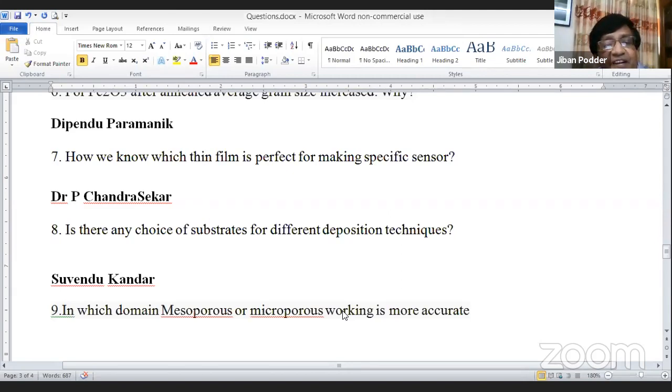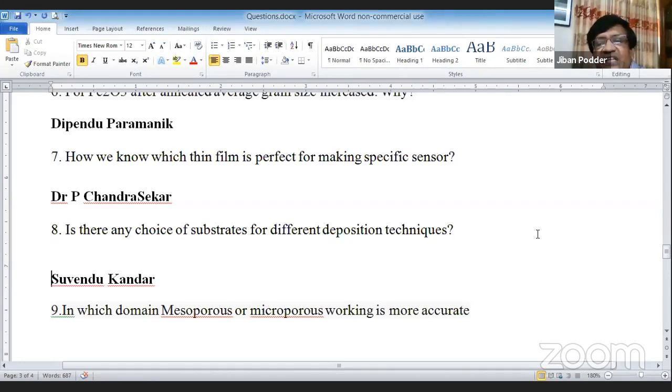Is there any choice of substrates for different deposition techniques? Especially for different deposition techniques, yes, we have limitations. Thank you, Dr. Chandrasekhar, for your question. With the spray pyrolysis deposition technique, we can use temperatures up to 500 to 600 degrees Celsius. A plain, normal glass substrate stands up to 500 or 550.